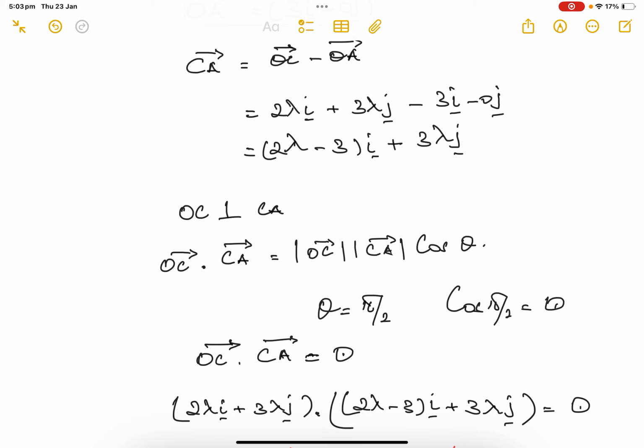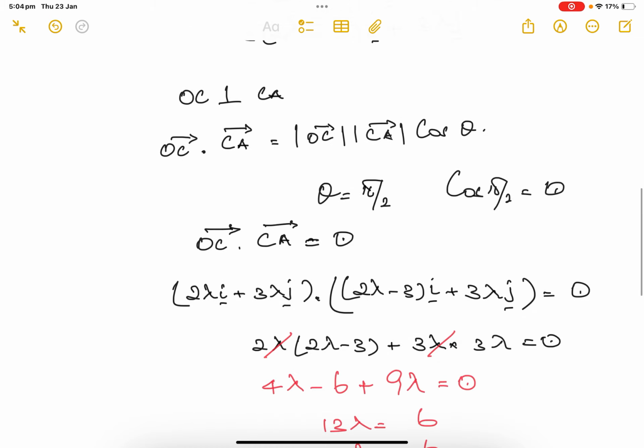But we know OC is perpendicular to CA. So using another vector property, the dot product of two vectors, OC dot CA, equals the modulus of OC times the modulus of CA times cos theta, where theta is pi by 2.